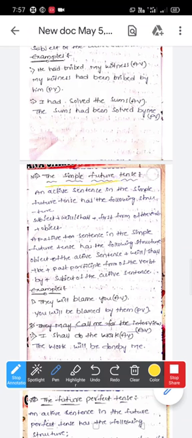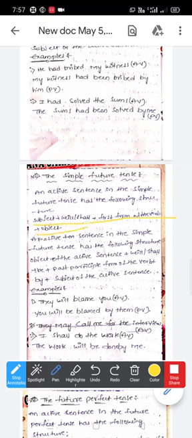Next, this is the simple future tense. We have been discussing the structures of active voice and passive voice. Active sentences in the simple future tense have the following structure: subject plus will or shall plus first form of the verb plus object.